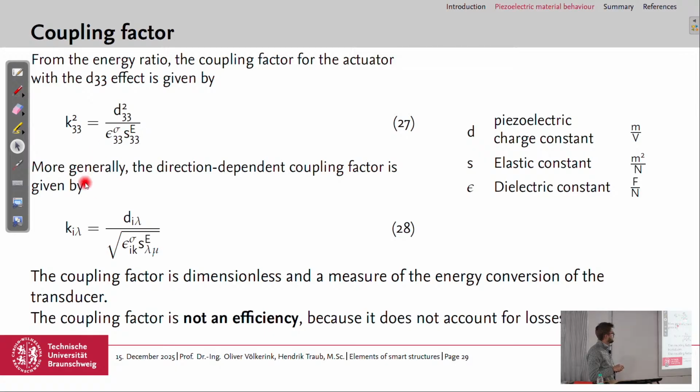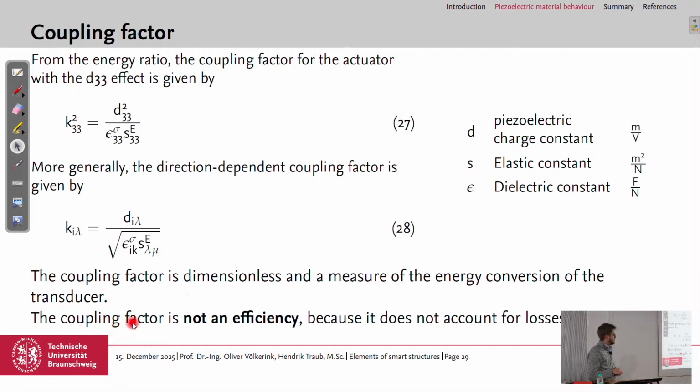And we can also have it more generally for the different directions. We took the square root to have k directly. Then we have d i lambda divided by the square root of the permittivity in the direction ik and the compliance lambda mu.